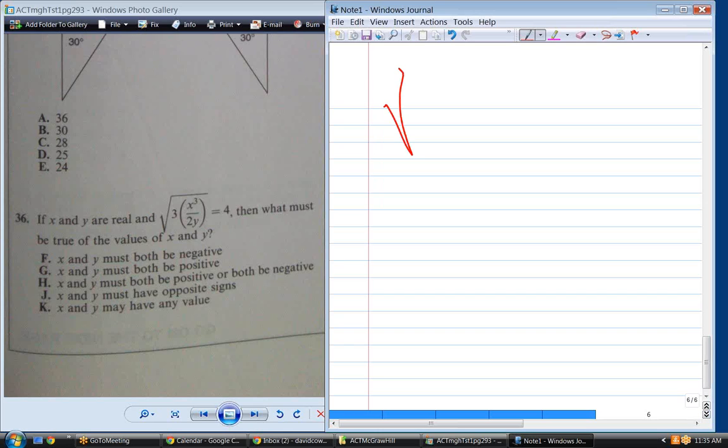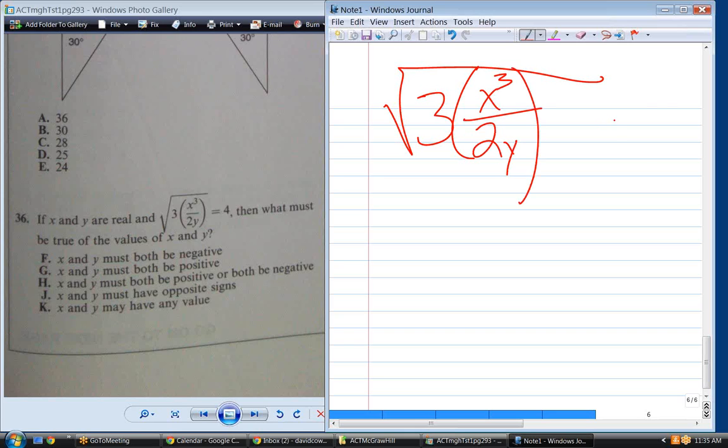So this is one hard one, but let's talk about it. It's not really hard. What is true about the expression under the radical sign? This.